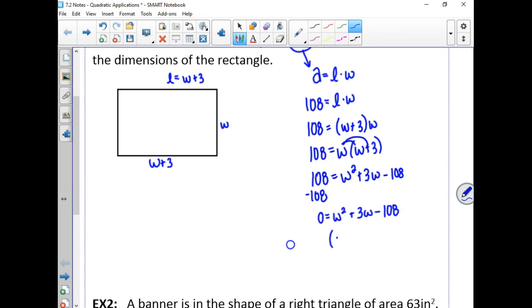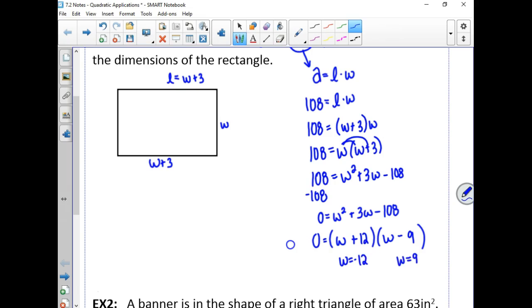I need to factor this, so I know as I factor it, I will have W and W. 108. Here I could use 12 and 9, so if I have a positive 12 and a negative 9, that will factor like so. So that means that my two answers would be W equals negative 12 and W equals 9.